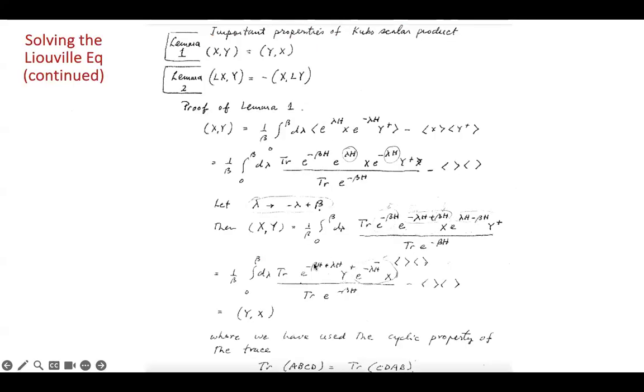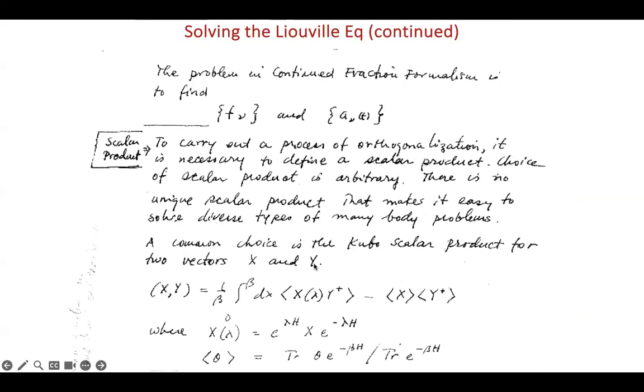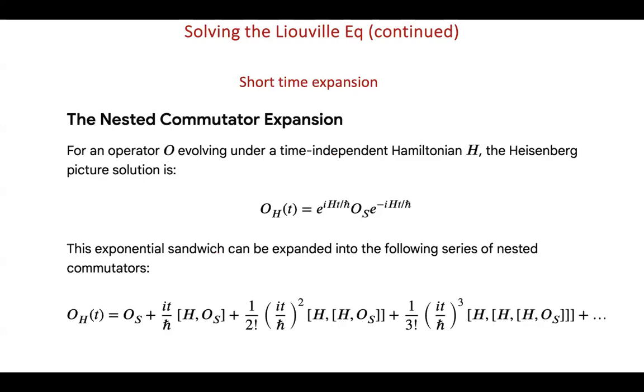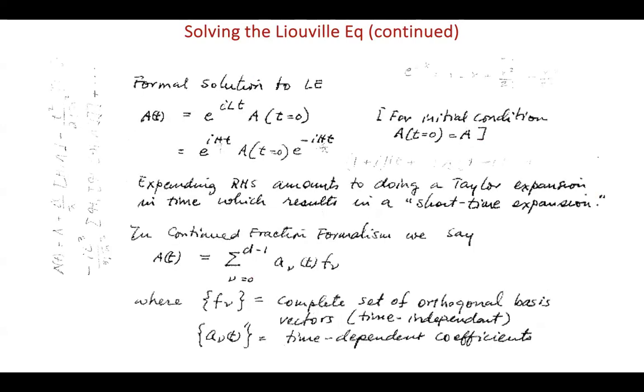Because you see, if you look at the original statement here, A(t) is the sum over nu equal to 0 to d minus 1 of A nu of t, F nu. So if F0 is A at t equal to 0, then A0 at t equal to 0 must be 1. And all the other coefficients must be 0.